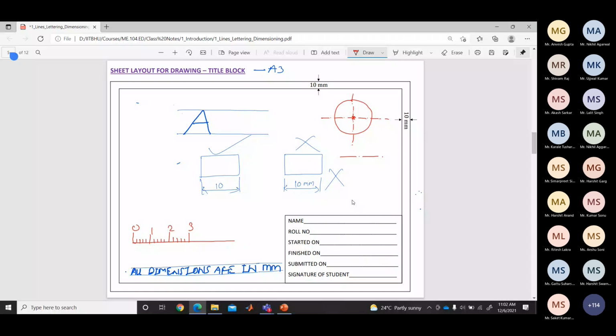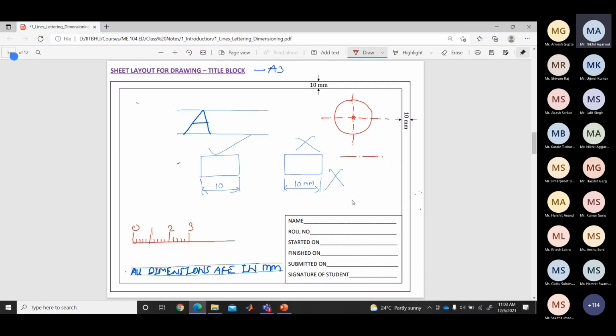That is fine, since it is the online mode, so this is allowed. Otherwise, when we submit in hard copy, offline, we have to make it on every sheet. So if time permits, I suggest you draw the title block on each and every sheet.